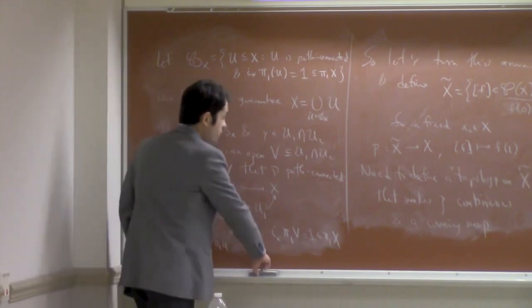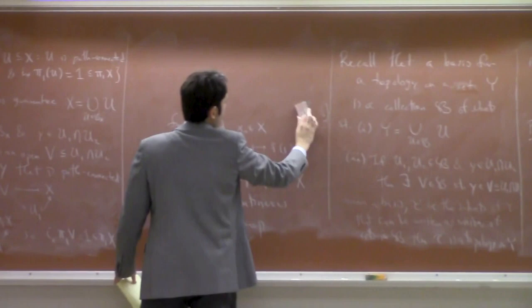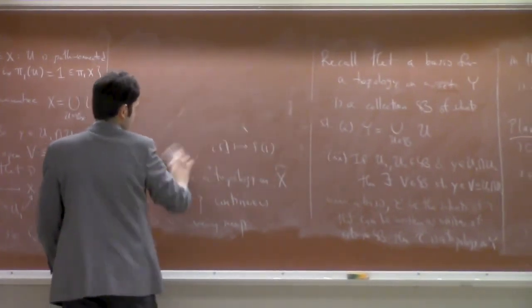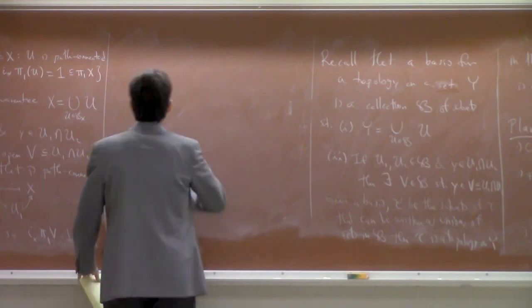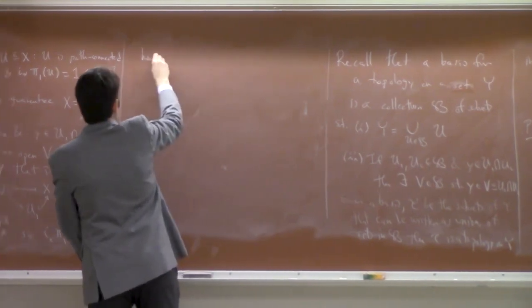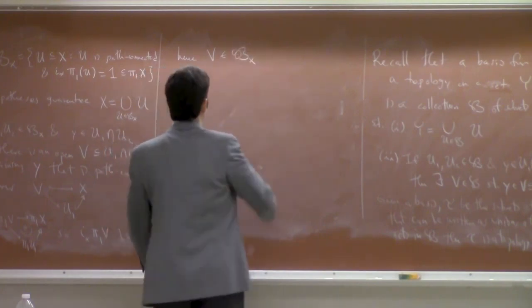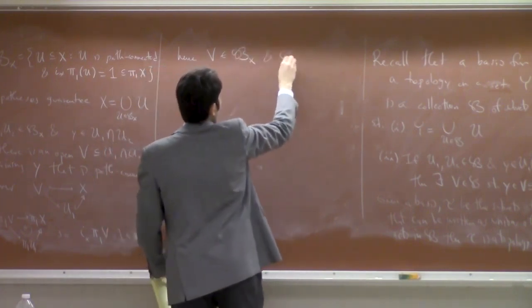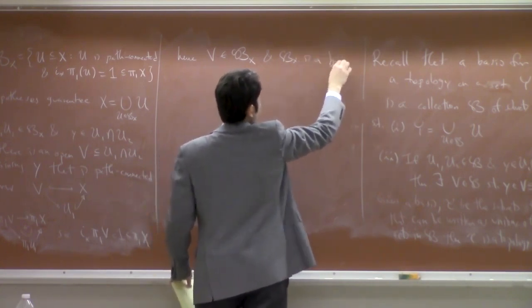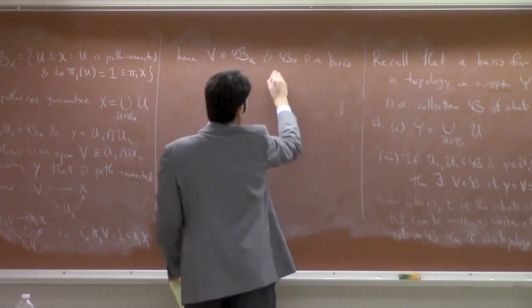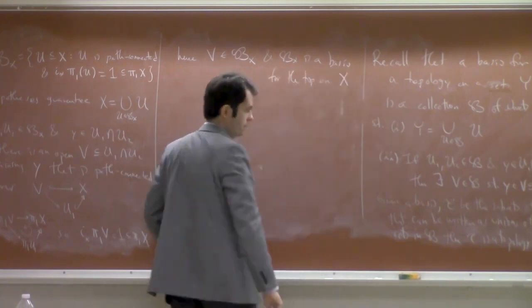Right? So those two properties together tell us that V is in Bx, and so Bx is a basis for the topology on X. Right?